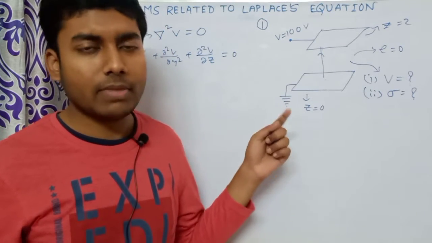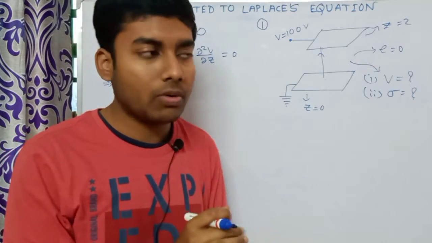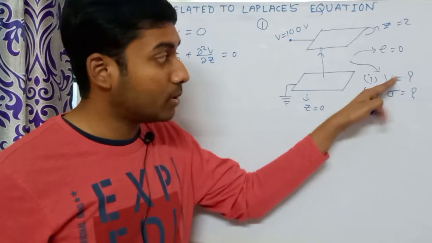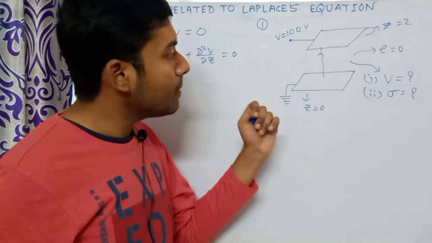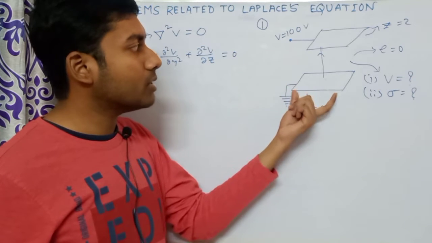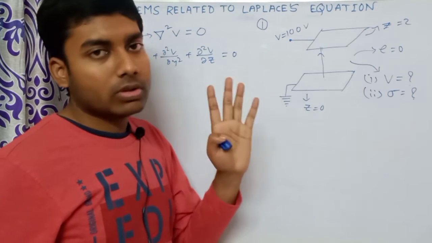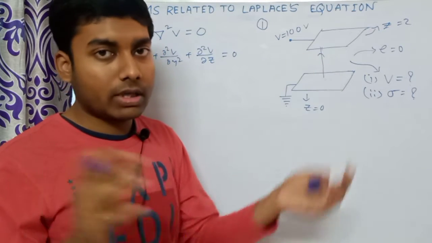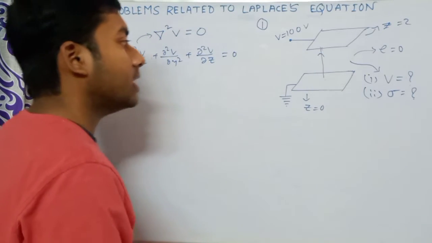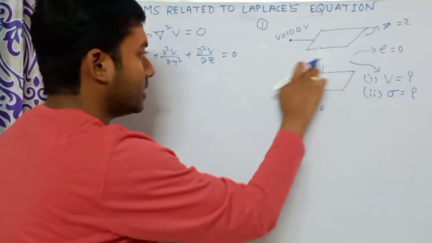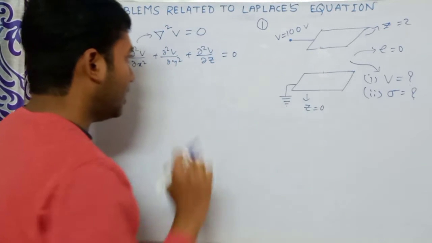The potential must vary, but we don't know how the potential varies, the function of the potential, and that we have to calculate. Because here V is equal to 0 and here V is equal to 100 volt, the potential will be a function of z. So what will be that function? We have only one tool, and that is the solution of the Laplace's equation.